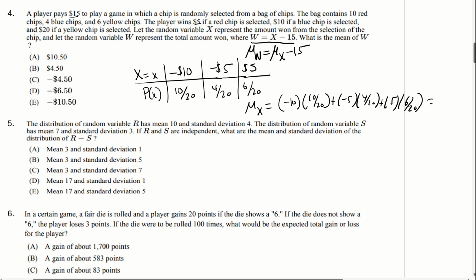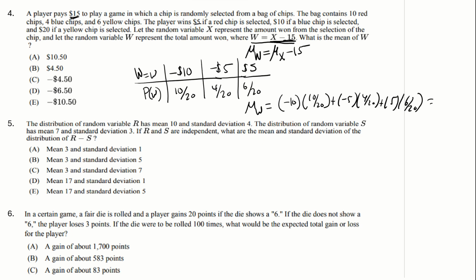And oops, I just realized that this is not X, this is W. So this is X minus 15. So this is actually W, sorry, not X. Let me change this to W. This is mu W. All right, because I included the fact that it's minus 15 because you pay $15. If you were to set up X, it would just be $5, $10, and $20.